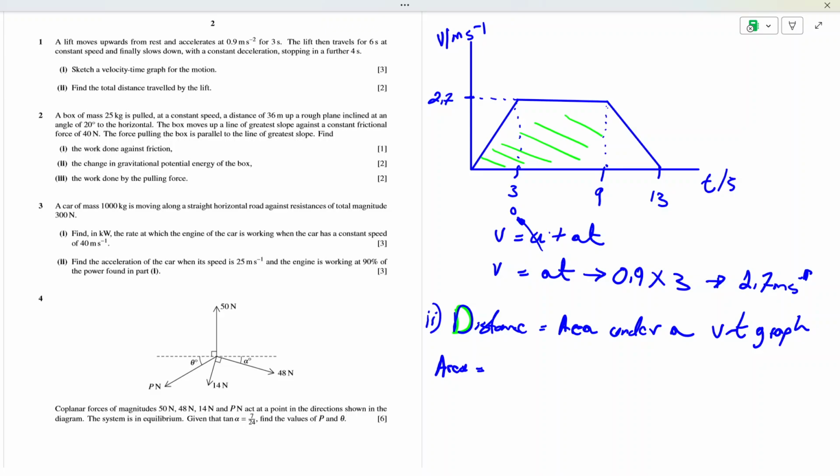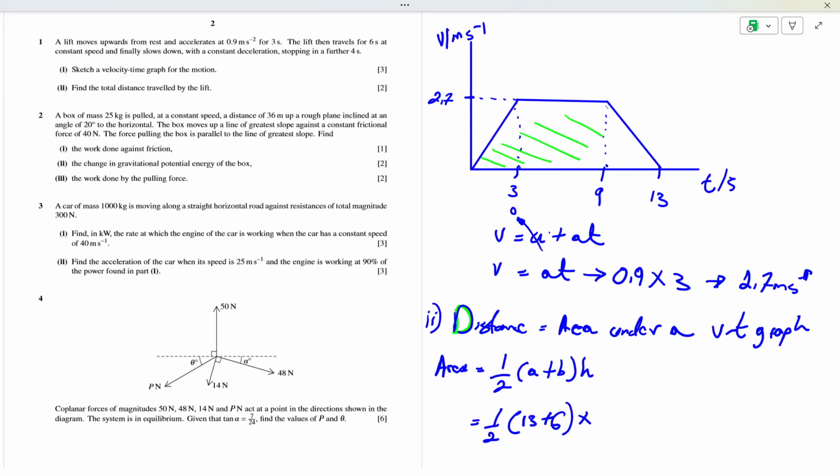you can see the shape is a perfect trapezium. So it's going to be half (a plus b) h. I'm going to say half multiplied by the a. In this case, it's going to be this length here, like that. That's going to be the a. And then the b, which is 13 seconds, plus the b is going to be this length here, which is 6 seconds, right?